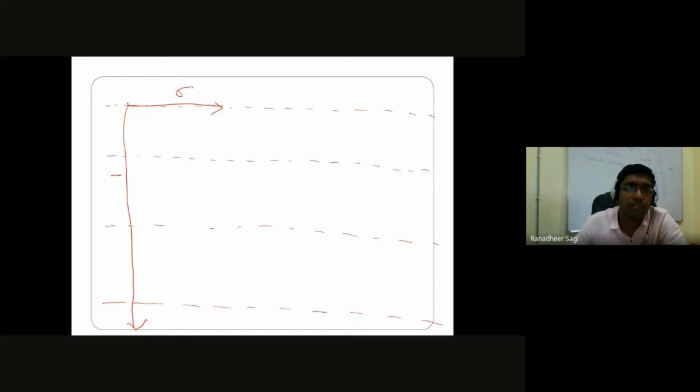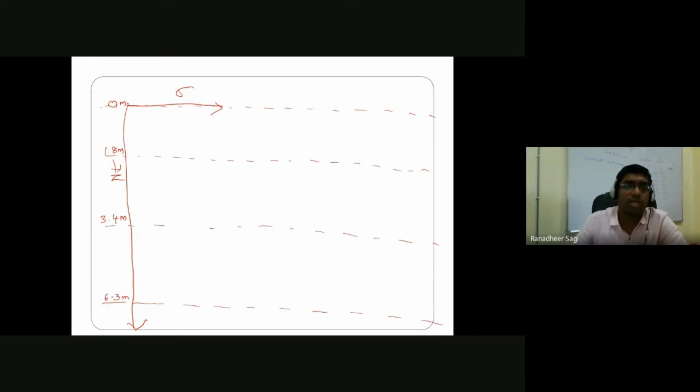This is the 0th meter, at the ground surface. This is the 1.8 meter depth position. This is the 3.4 meter depth position, because 1.8 plus 1.6 is 3.4. Then 3.4 plus I think 2.9 meters additionally, so the total is 6.3 meters.